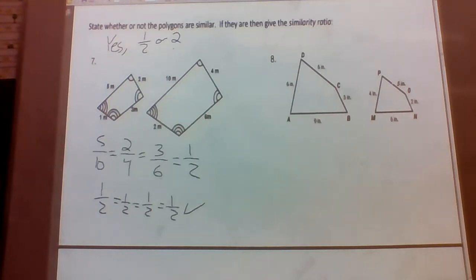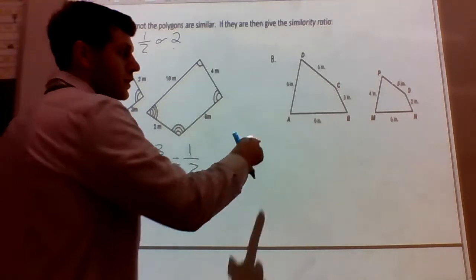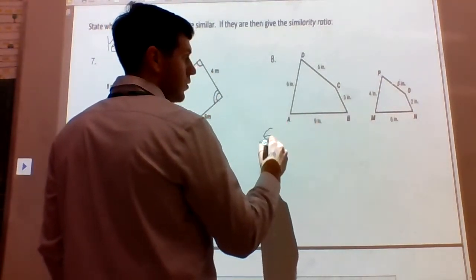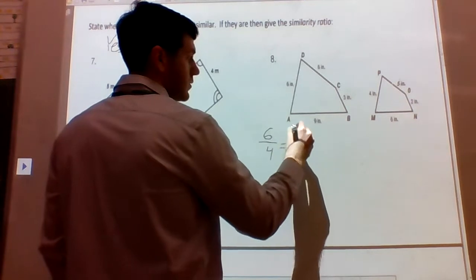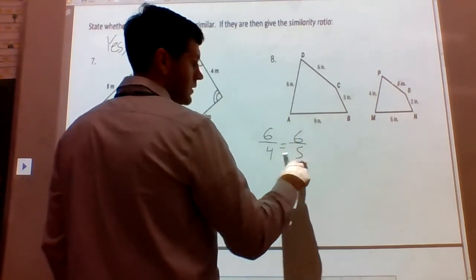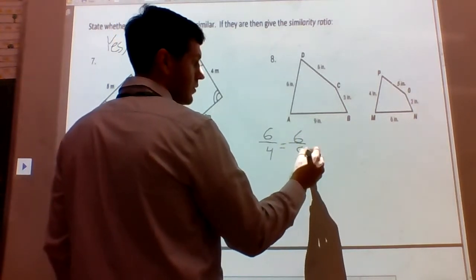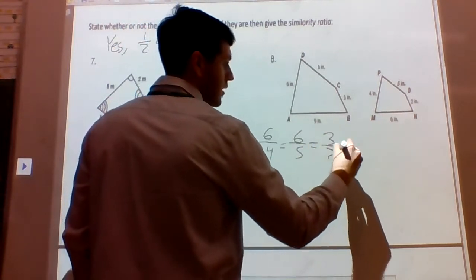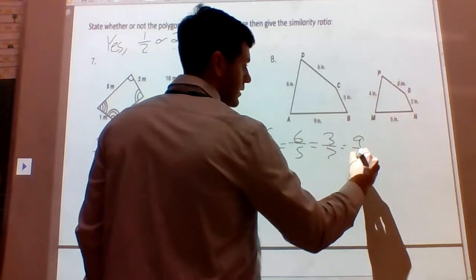Okay, the next one. Let's set up our ratios. So we have 6 over 4, 6 over 5. Already we see a problem. Those two are not going to be equal. 3 over 2 and 9 over 6.